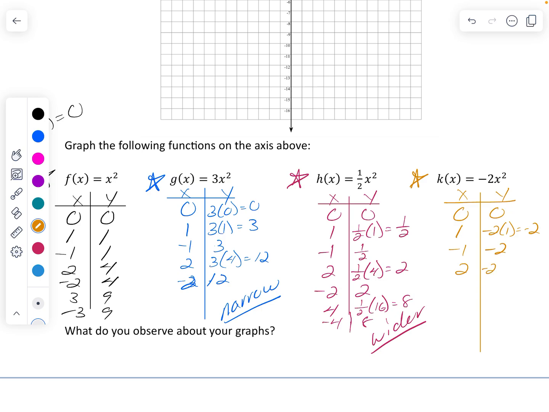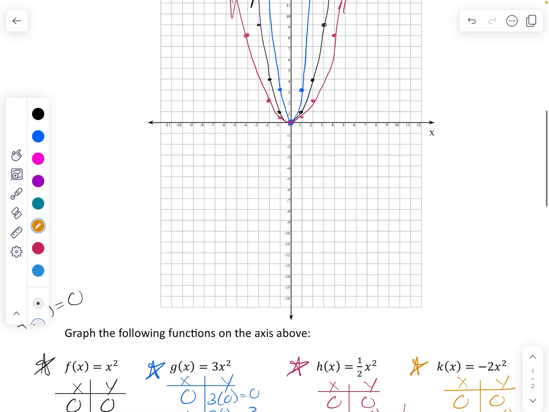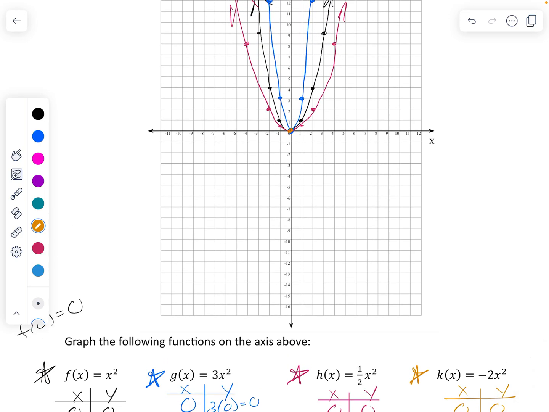Negative 2 times 4 is negative 8. And for negative 2, it will be the same. So let's plot those. Let's see, we have 0, 0 still. 1 is negative 2. 2 is negative 8.